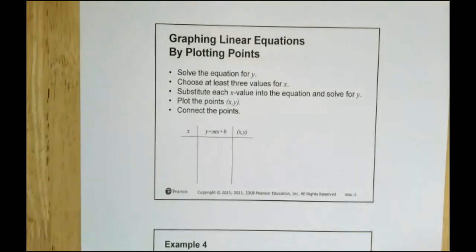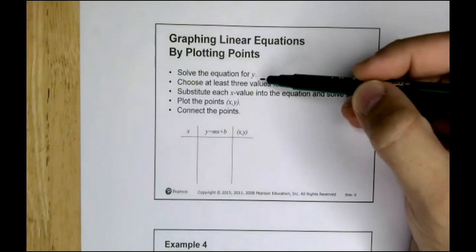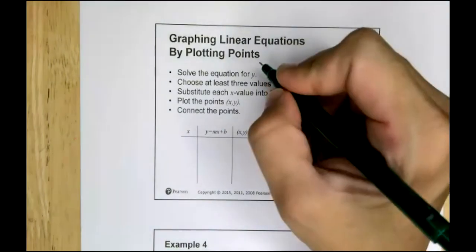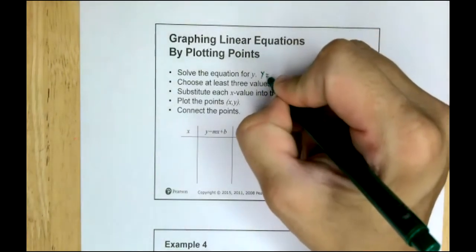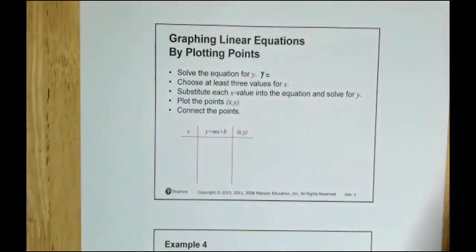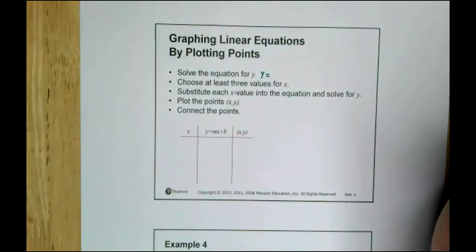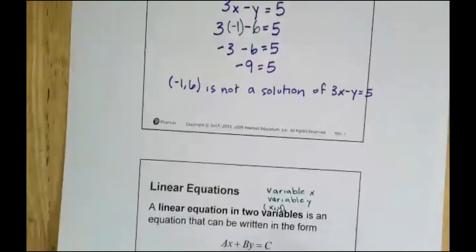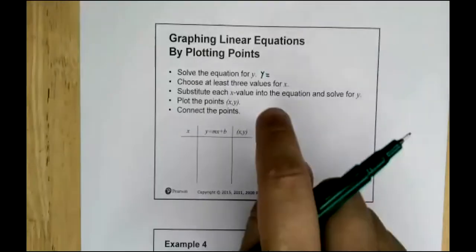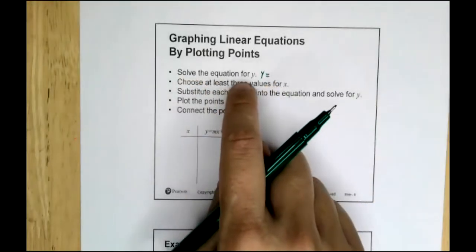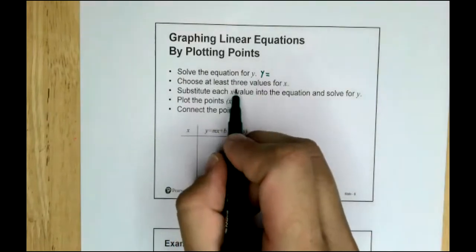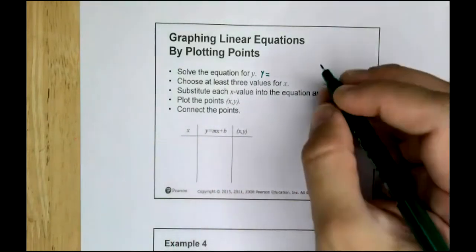Graphing linear equations by plotting points. All right. Step 1, solve an equation for y. It just means get it so that y equals something. This was standard form, but now we want it in y equals form so that it's solved for y. Choose 3 values for x. I choose easy ones, right?